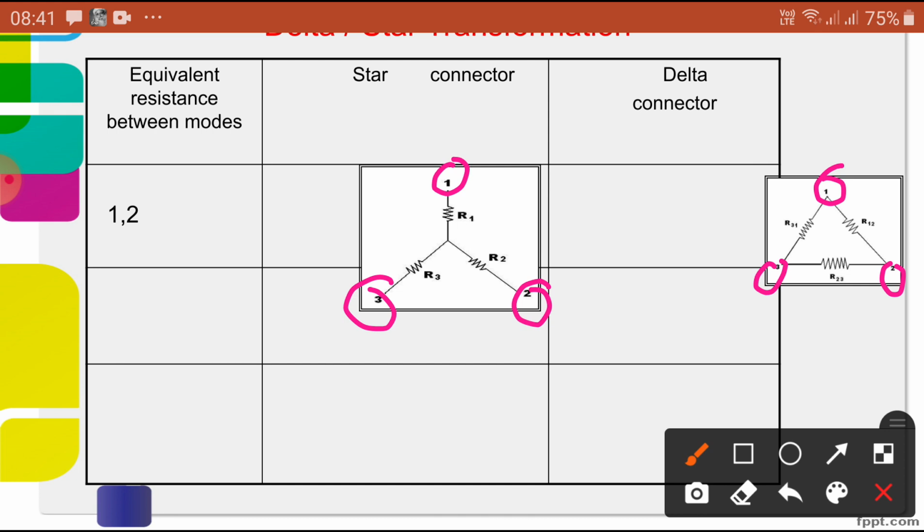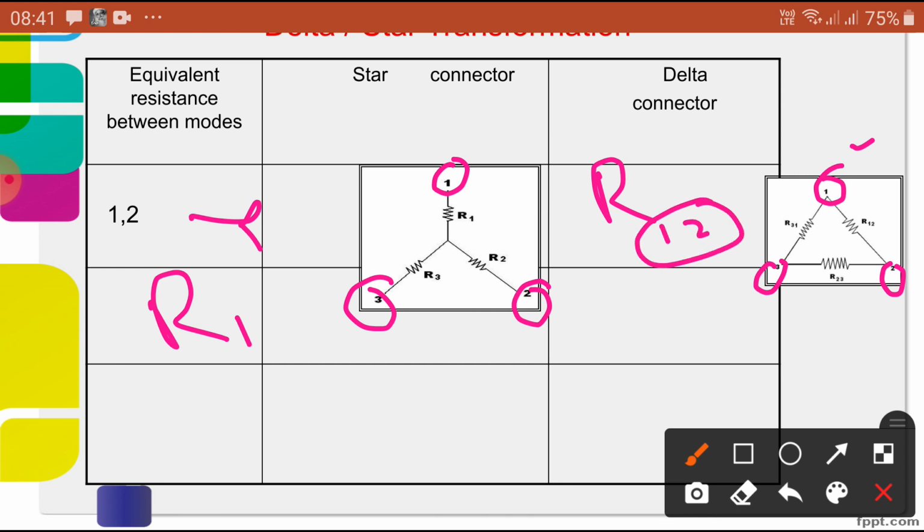Now R1, R2, R3 are in star, whereas in delta the resistors between the two nodes are called R12, R23 and R31. Remember, single subscript is represented for the star connection and double subscript like R12 for the delta connection.